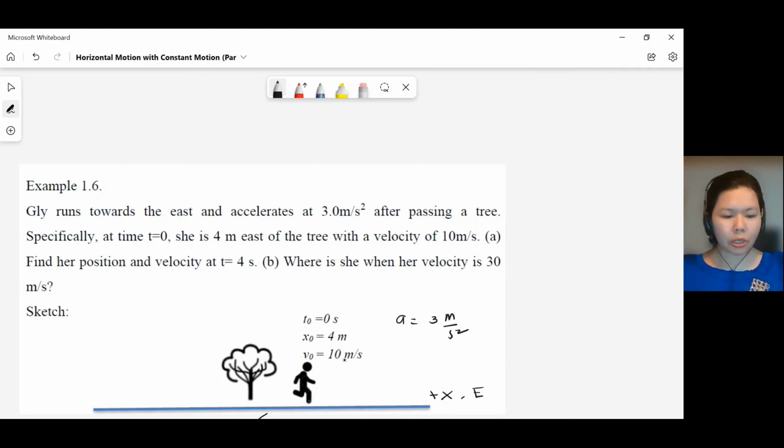And we have V naught is still 10 meters per second. X naught is 4. But here, where is she? Okay, so that's X final is the unknown. When her velocity is 30 meters per second. So that's velocity final equals 30 meters per second. So these are the given for letter B.